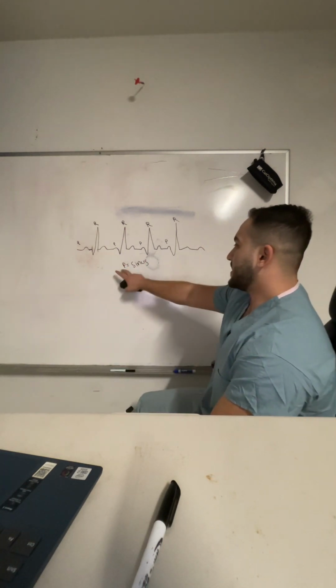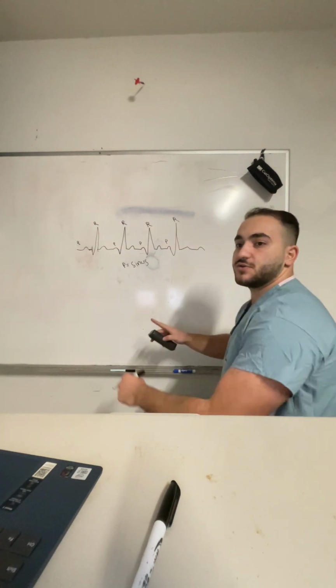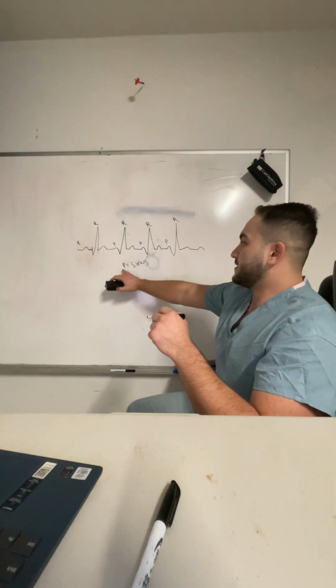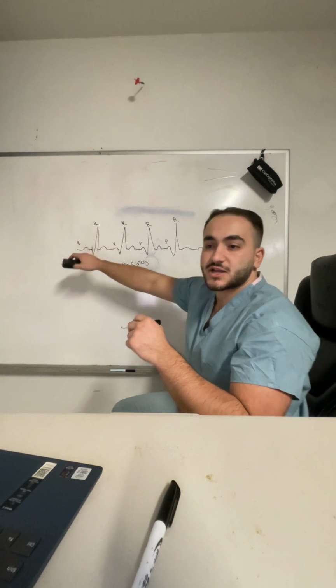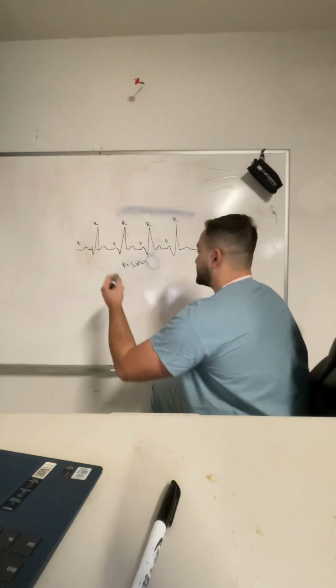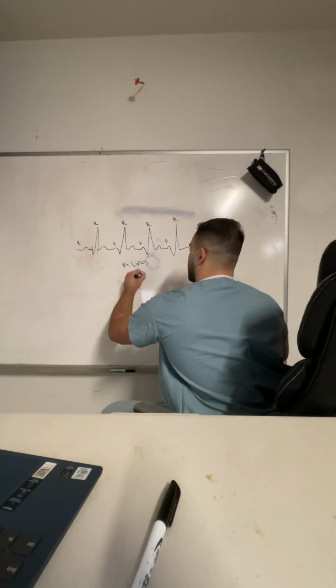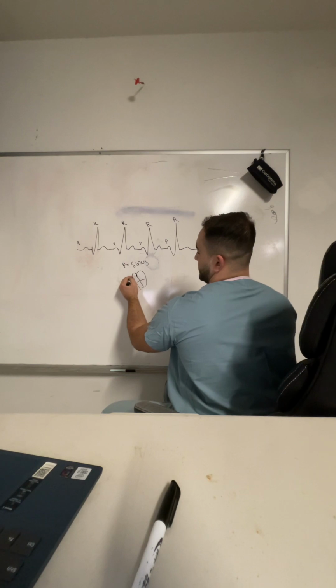So why is P sinus? The SA node is also the sinus node, right? Here we have our heart, which is a weird looking heart, and here's our SA node.